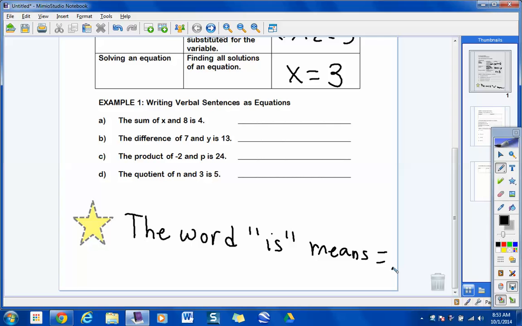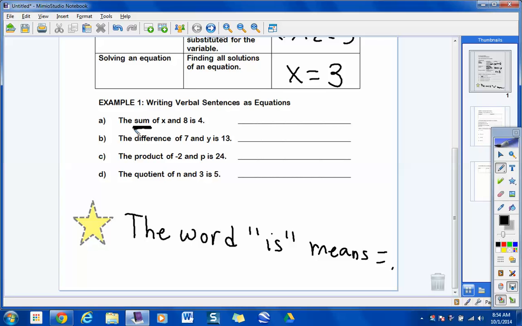To write a verbal sentence, we had 2 expressions that are equal, and typically those expressions have some kind of mathematical operation. I think the word sum probably means a mathematical operation. I'm just not sure which one. What does the word sum mean?